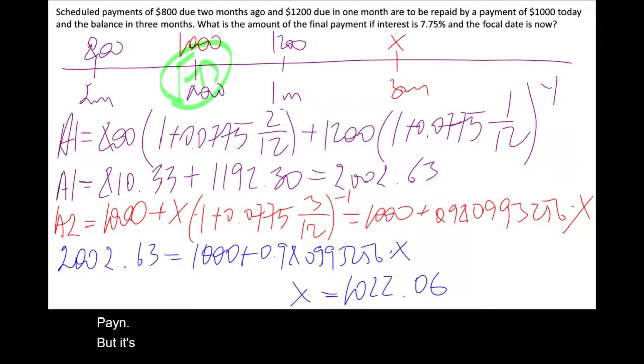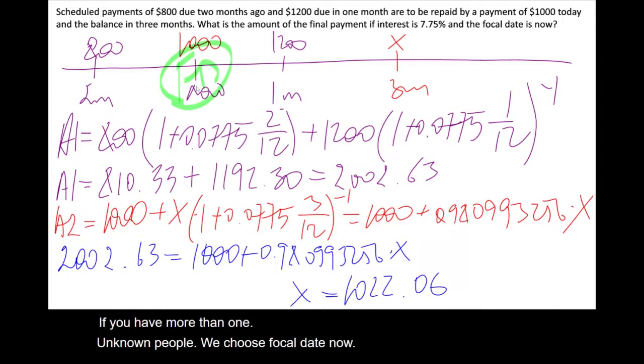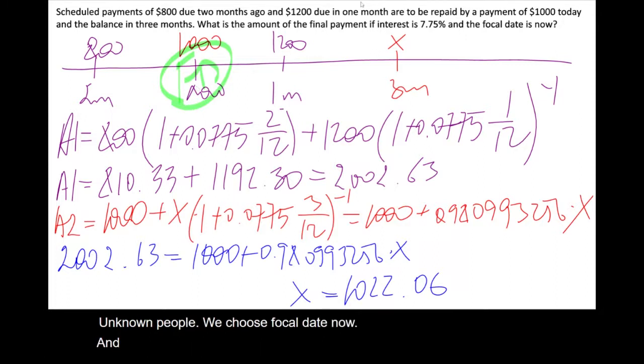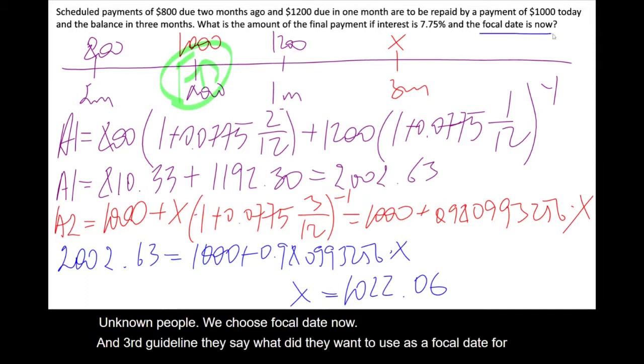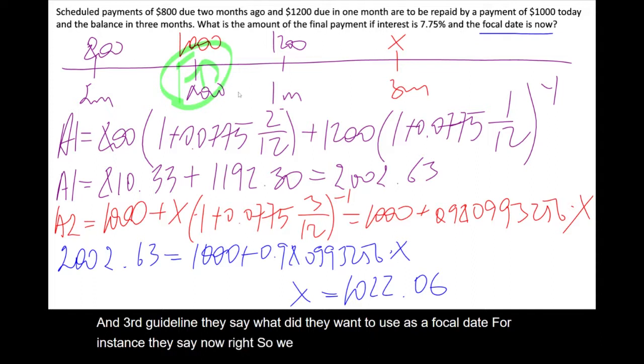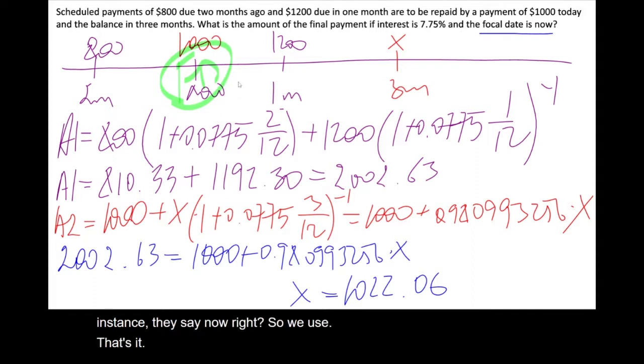Second guideline: if you have more than one unknown payment, we choose focal date now. And third guideline, they say what date they want to use as a focal date. For instance, they say now, so we use it. That's it.